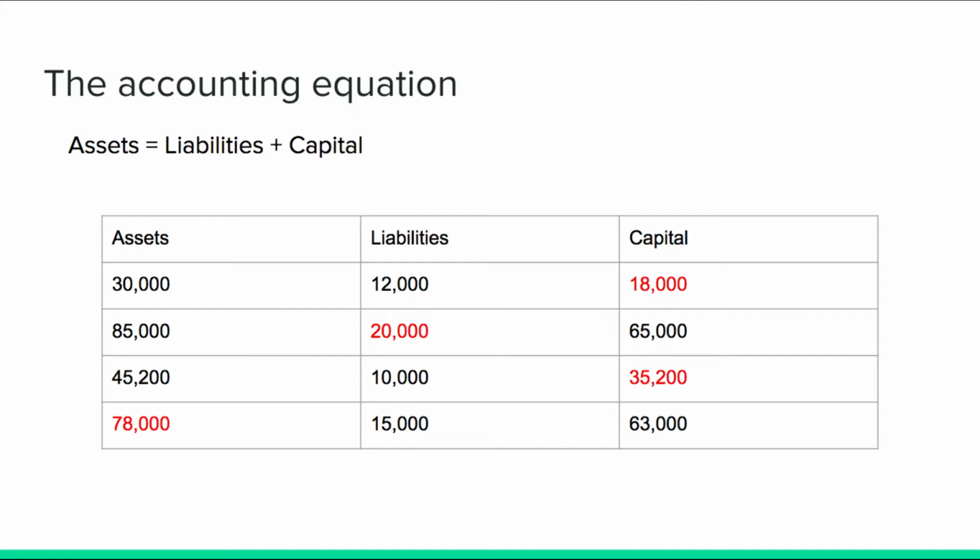From there, we can find out that liabilities is equal to assets minus capital. So when we deduct 65,000, which is the capital, from 85,000, which is our asset, we can find out the liabilities as 20,000. In the same way, we can even solve examples 3 and 4.